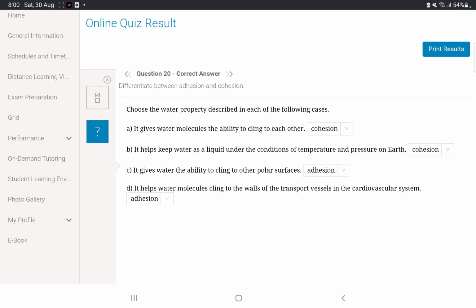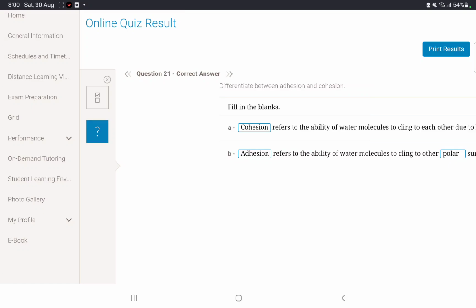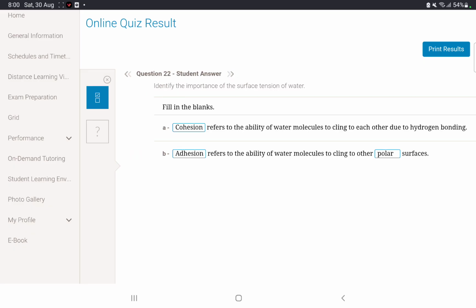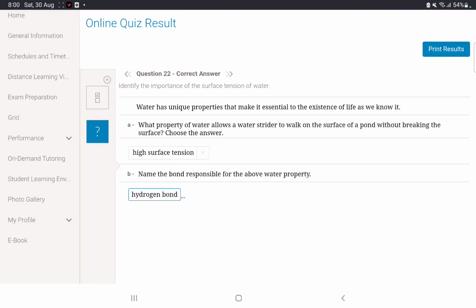It gives water the ability to cling to other polar surfaces, adhesion. Cling to the walls of the transport vessels as well, adhesion. So clinging to other surfaces is adhesion, clinging to itself is cohesion. Cohesion refers to the ability of water to cling to each other. Adhesion refers to the ability of water to cling to other polar surfaces.